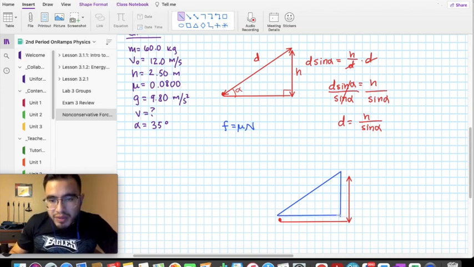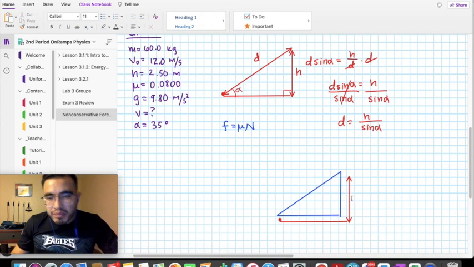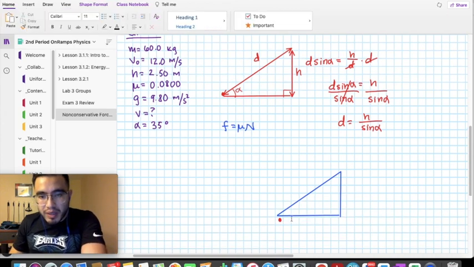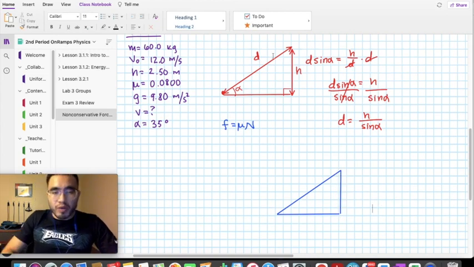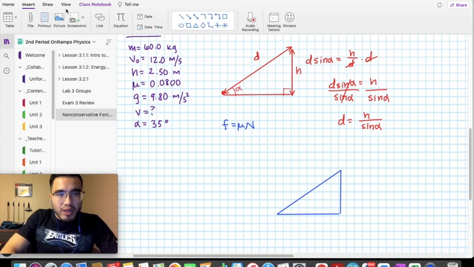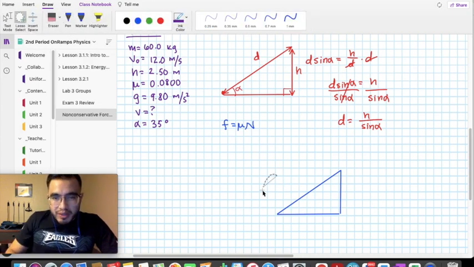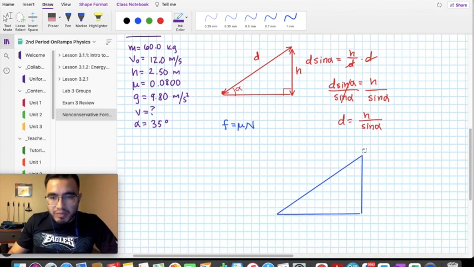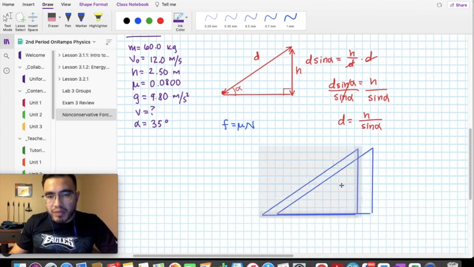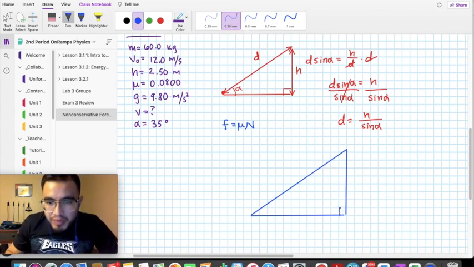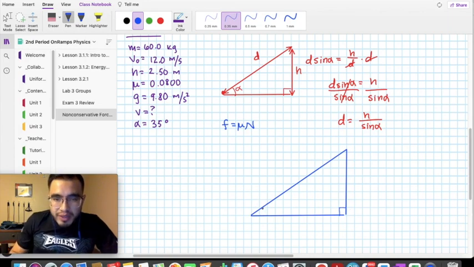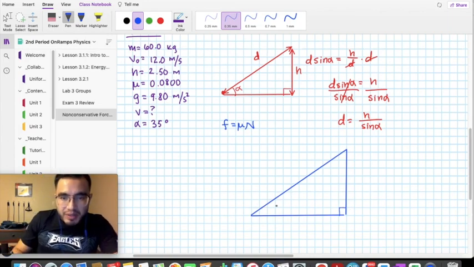Then you will just fix the triangle as needed. This represents the snow, okay? Now I'm going to make this bigger just for illustration purposes so you guys can see better what's going on. Okay, there you go. That is a triangle. And here's my 90-degree angle. And we know this is alpha as well. This is 35 degrees. We called it alpha.